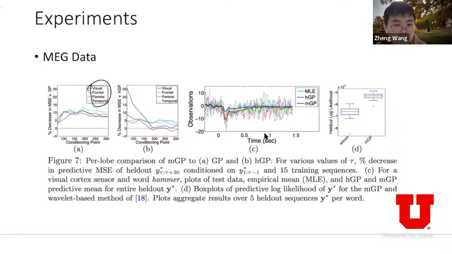The green curve should be the average value of testing trials, and you can see here that our method can detect the abrupt changes.